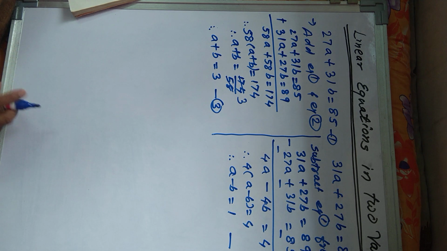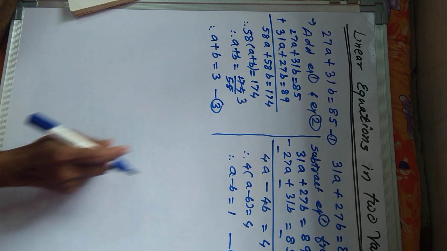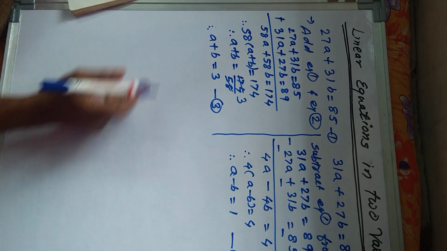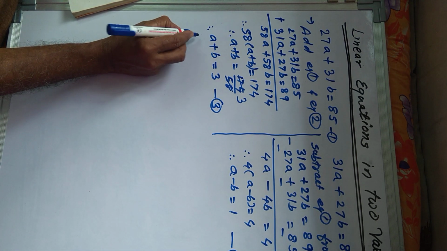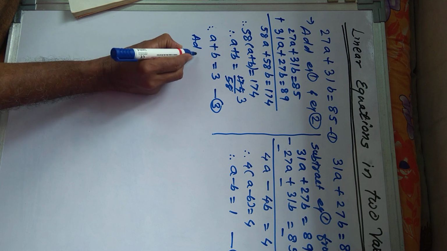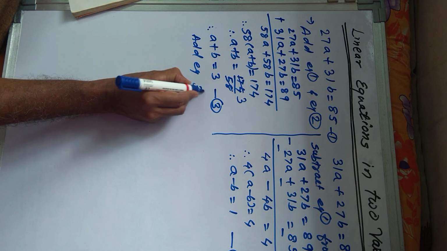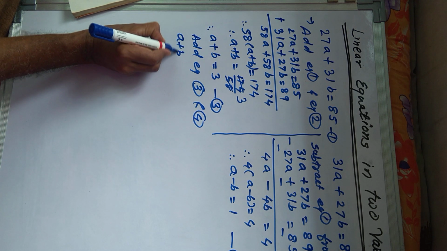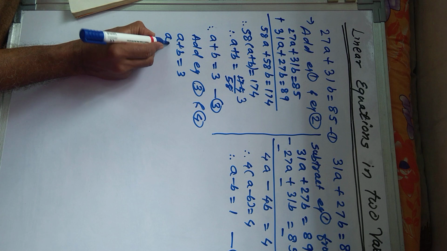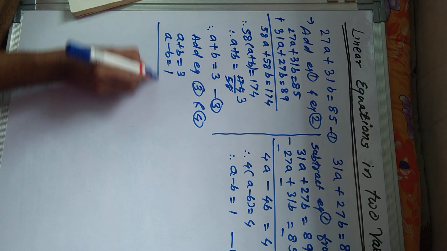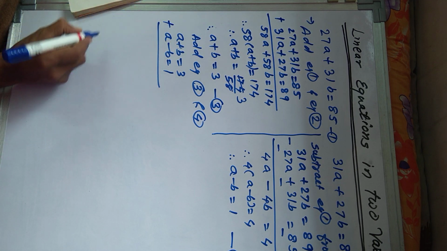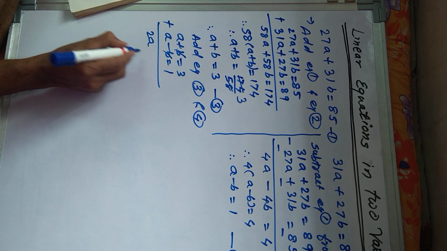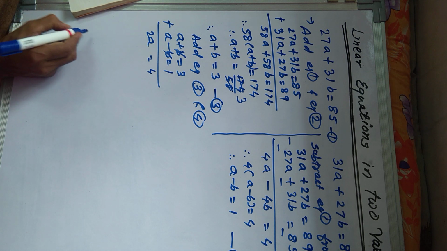We get two easier equations. Now we have to solve these two equations simply by adding equation number 3 and 4. We have a plus b is equal to 3, a minus b is equal to 1. We have to add this. Therefore, a plus a is 2a, b minus b gets cancelled, is equal to 4.